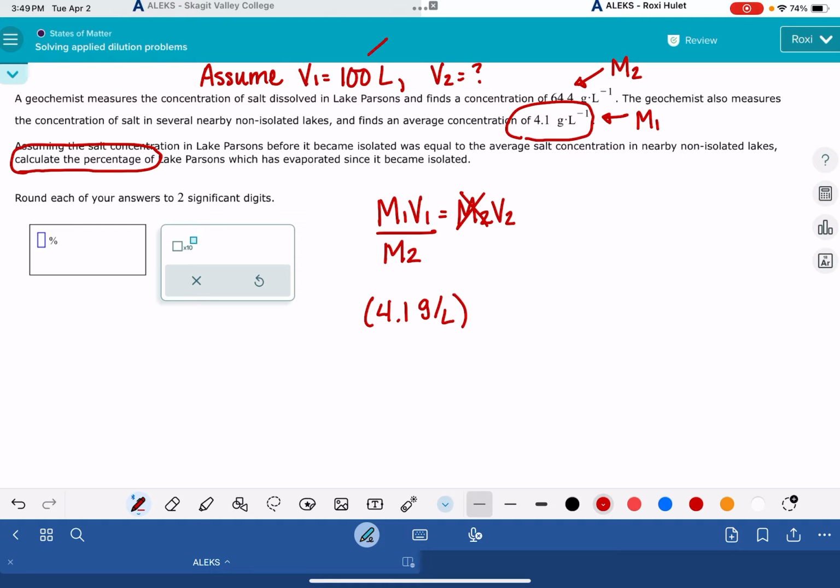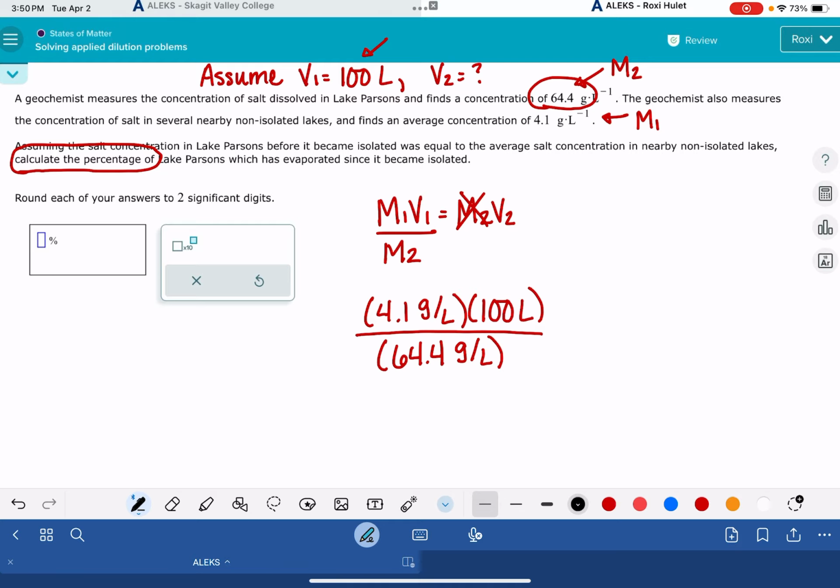My initial volume is this number that I'm assuming is 100 liters. My final molarity, my M2, is this 64.4. And remember, with this M1 V1 equals M2 V2 equation, it doesn't matter what unit you use as long as you're consistent. So my concentration units of grams per liter work out perfectly fine, and those units cancel.